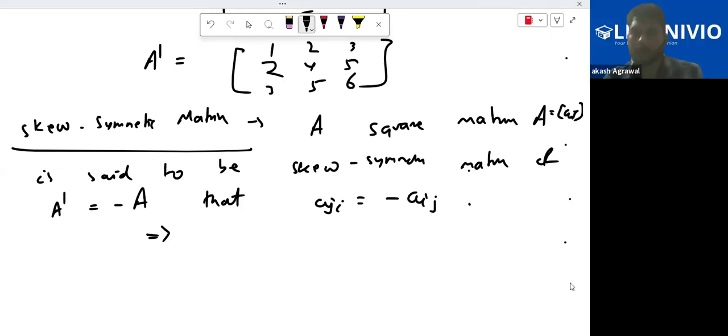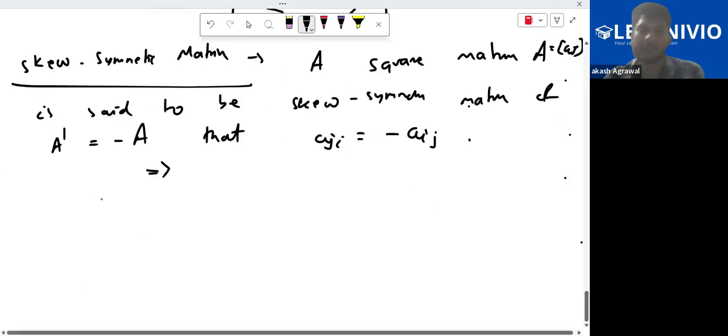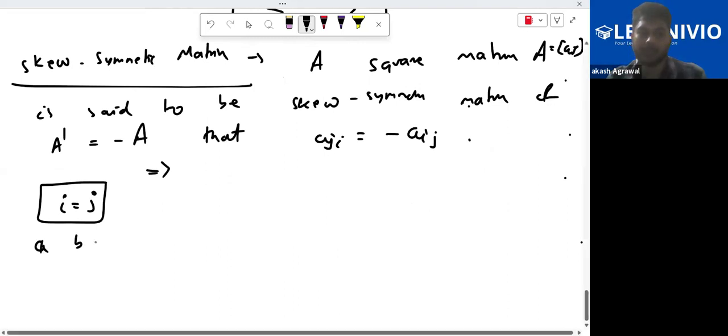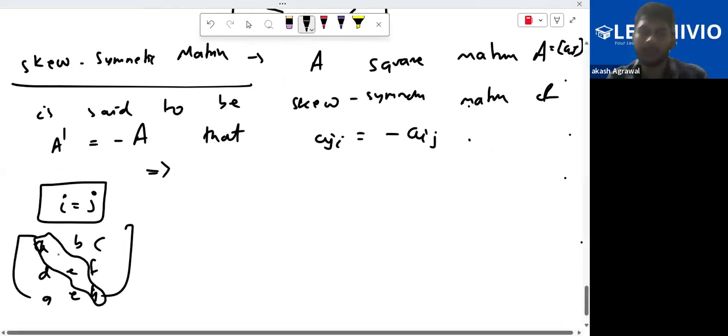So take this scenario where i equals to j. These are the diagonal elements. You guys remember this? Suppose this is a, b, c, d, e, f, g, e, h. Then this is called the diagonal elements.